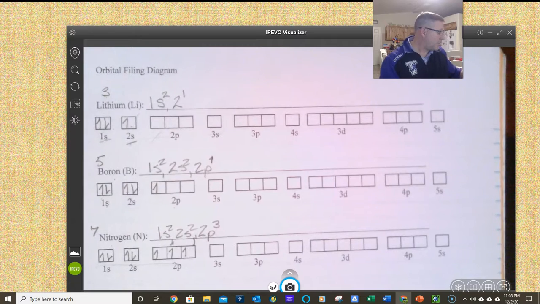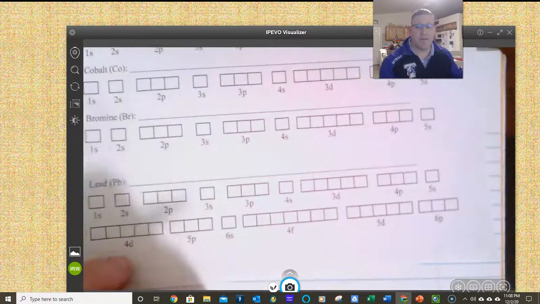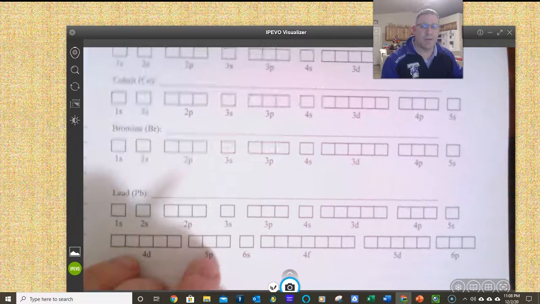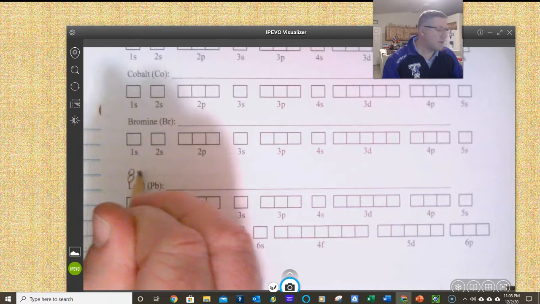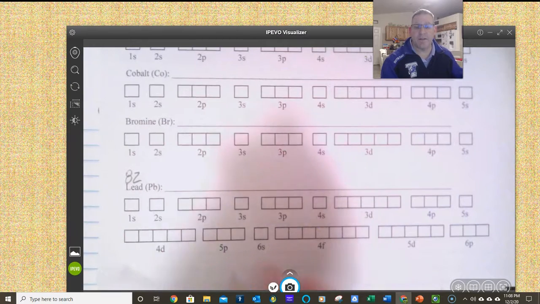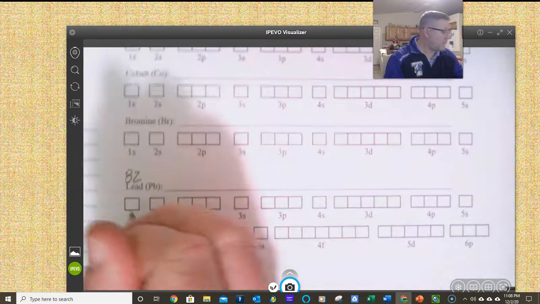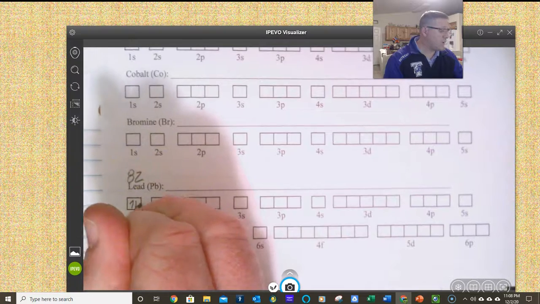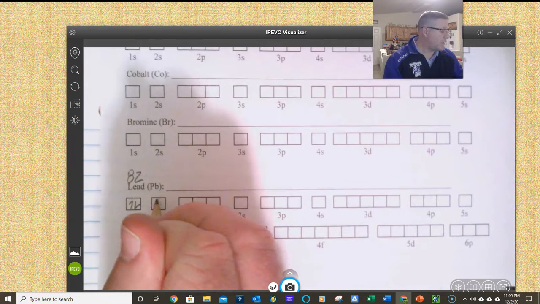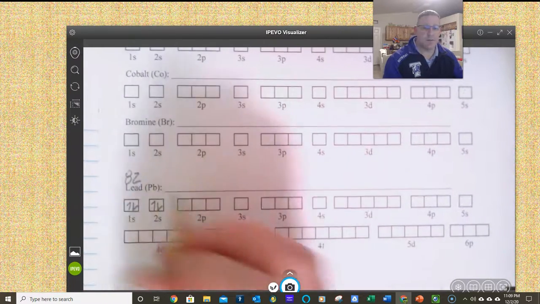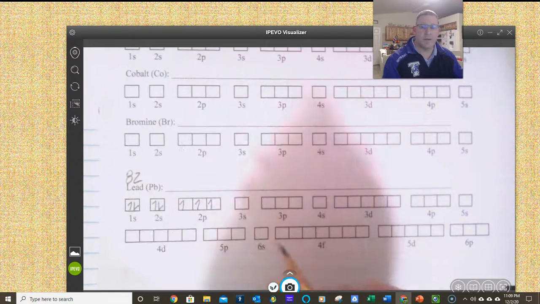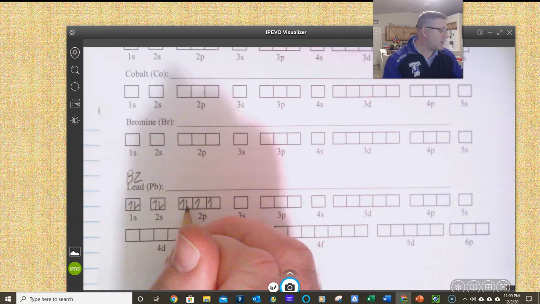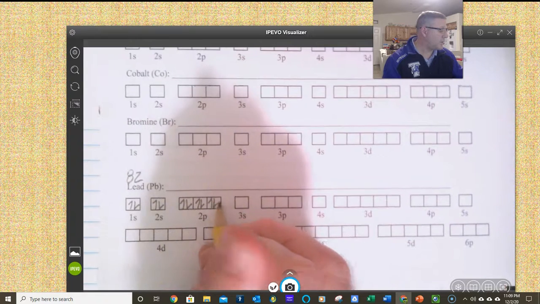And now, if I go to a more challenging electron configuration, let's do this one for lead right here. Lead is atomic number 82, so I need to find a home for 82 electrons. The first 2 go into the 1s, followed by the 2s2, and then, using the school bus rule, the next 3 electrons, and then I'm forced to pair them.